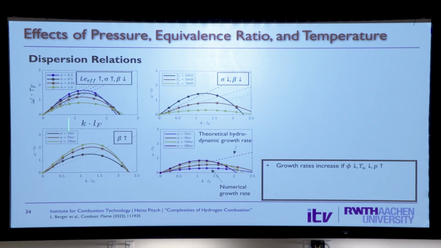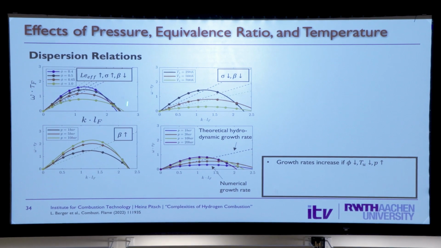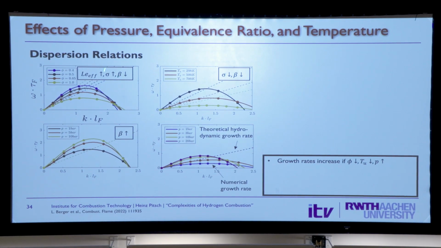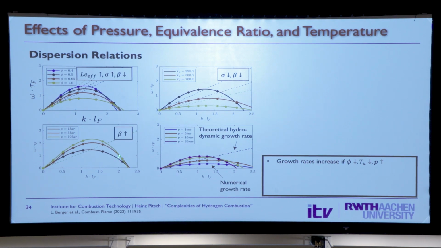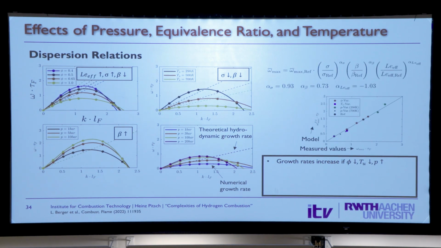And then we can look at the individual parameters. We said the Zeldovich number, the density ratio, and the effective Lewis number were important parameters. Interesting, if we change the pressure, we don't really change the Lewis number, we only change the Zeldovich number. If we change the temperature, we change the density ratio also, and things like this. We can fit the growth rates as function of these parameters, and then we kind of see how important each one is.